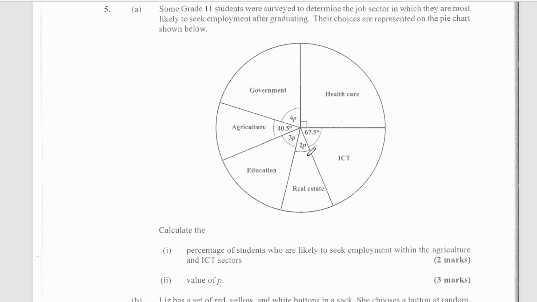If we want to find a percentage, it would be the value of that sector over the total, and you multiply by 100. If we find any sector angle, we need to multiply by 360 because that represents the whole.